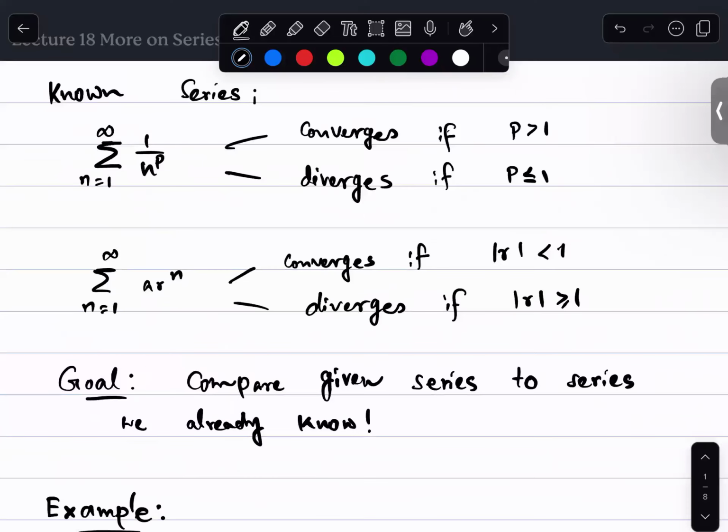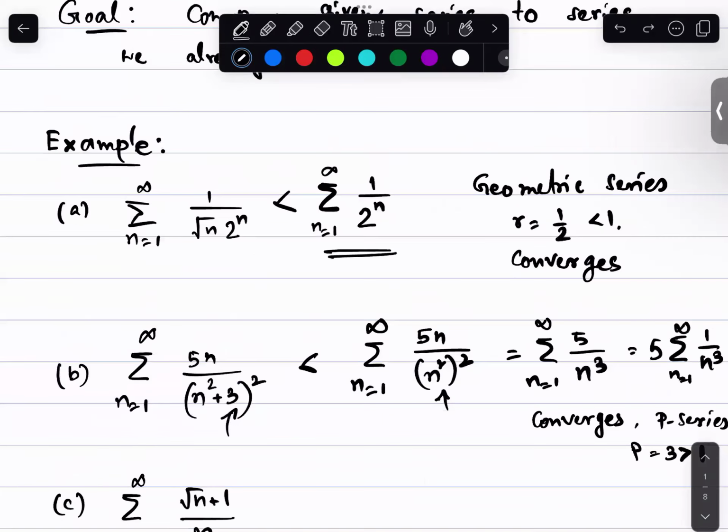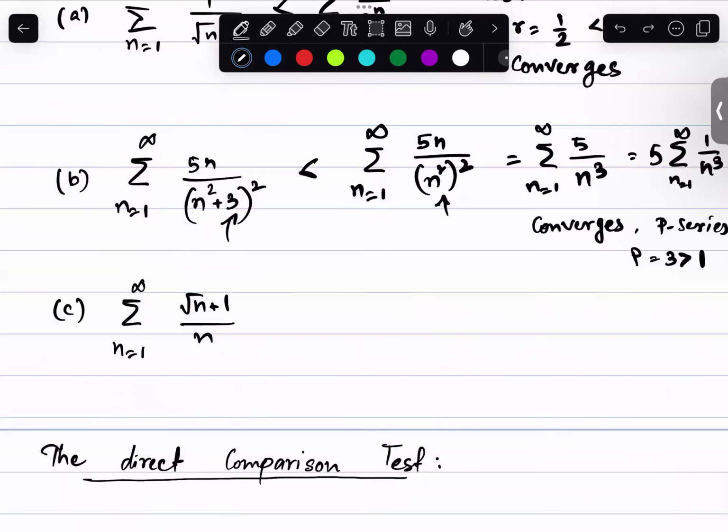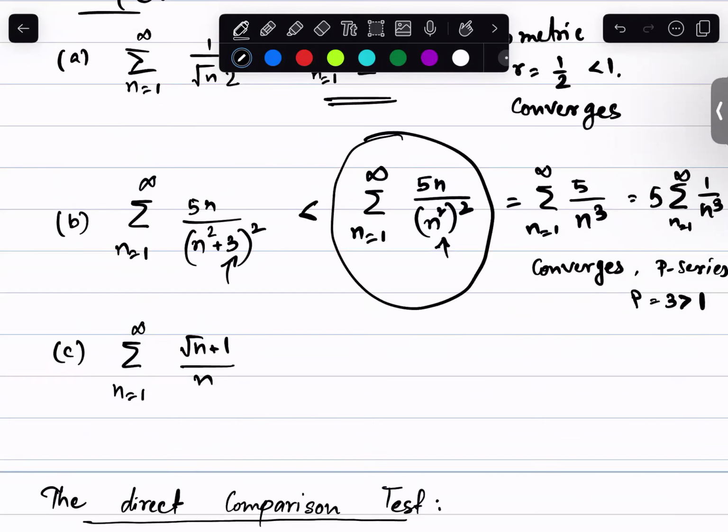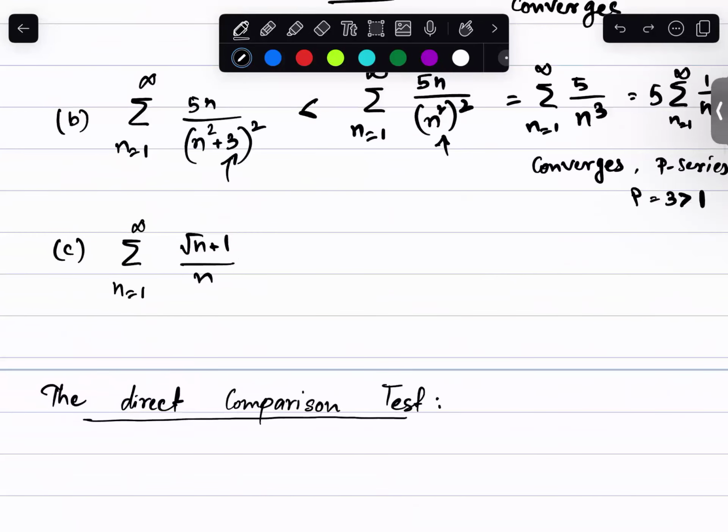And remember, P series converges whenever my P is bigger than 1. In this case, P is 3, so this converges. Again, we'll see that the convergence of this right-hand side has something to do with the convergence of the left-hand side. Okay. Cool.